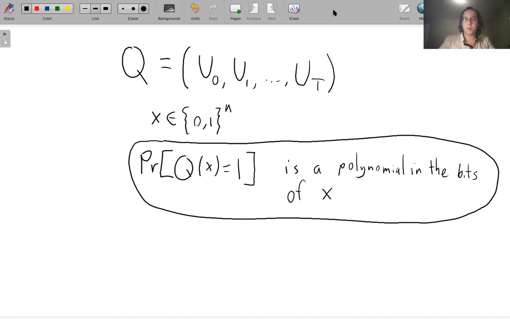But of course, this number depends on X. Here we're thinking of having a fixed algorithm Q and plugging in different strings X. The observation is that the acceptance probability that Q has when you plug in X is a polynomial in the bits of X, and this polynomial inherits properties of the quantum algorithm.